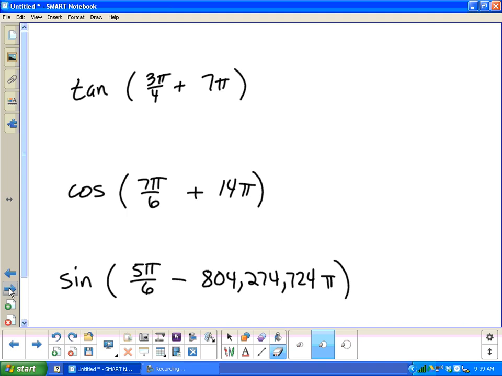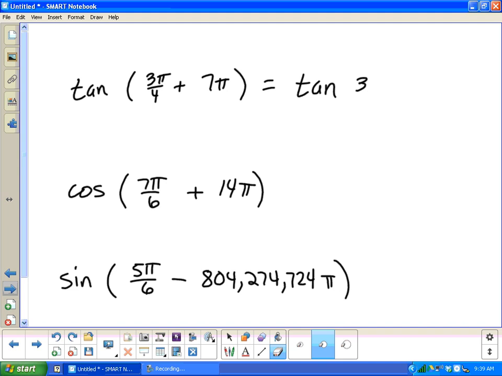So what I can do with tangent and cotangent is add any multiple of pi, and it's just the same thing. Now with cosine or sine, though, I would have to add an even multiple because the period is 2 pi. So what is really just the tangent of 3 pi over 4 plus 7 pi?